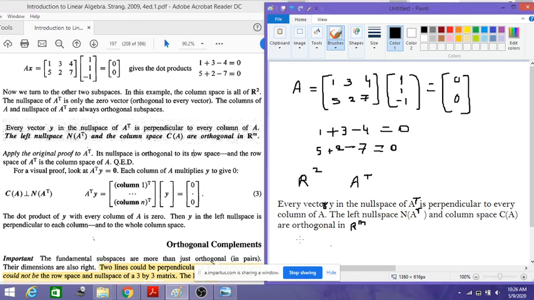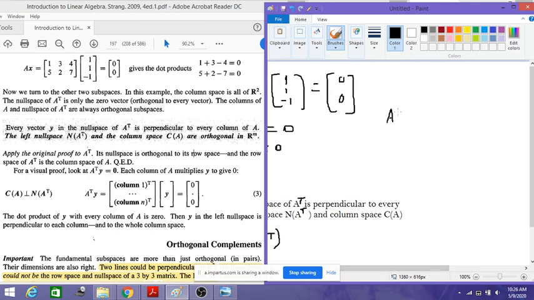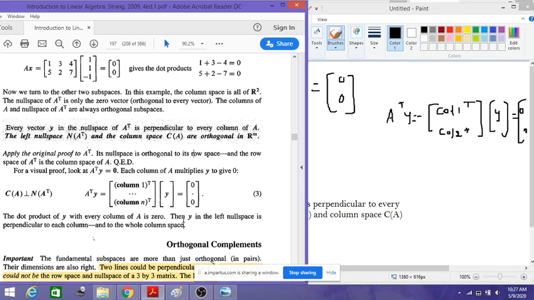That can be represented symbolically as C(A) perpendicular to N(A transpose). In general form, A transpose times y, with column 1 transpose, column 2 transpose, and so on multiplied with y, should also result in zeros. That is what it means.